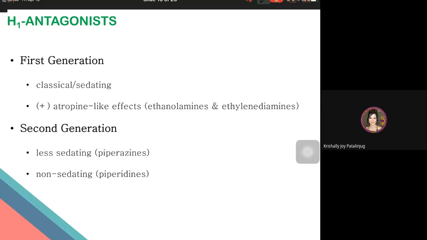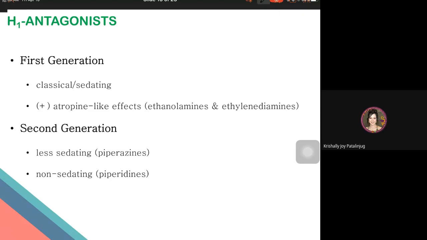Before the list of histamine 1 blockers, we have generally two classifications of histamine 1 blockers. Natay first gen, second gen. First generation, second generation H1 blocker. Nani sila differences when it comes to their characteristics.